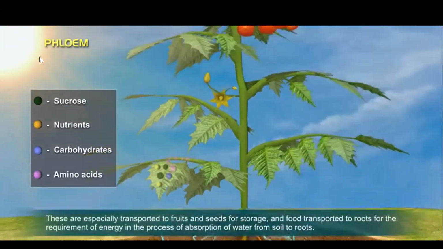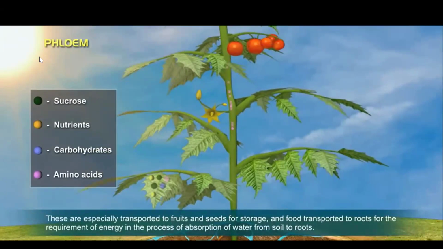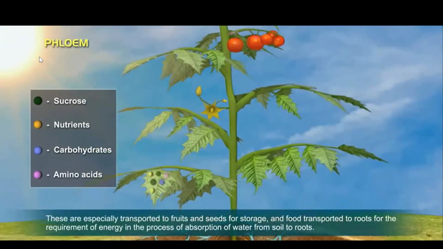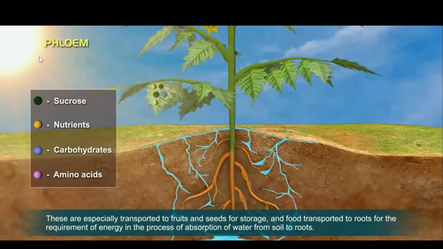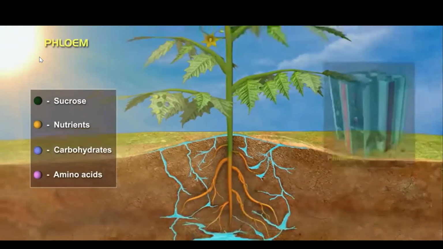These are especially transported to fruits and seeds for storage, and food is transported to roots for the requirement of energy in the process of absorption of water from soil to roots.